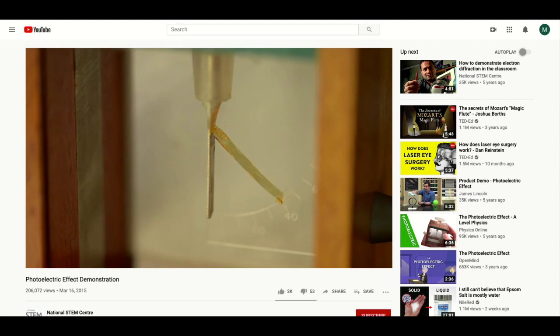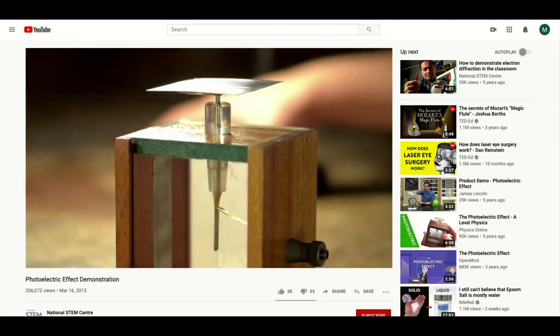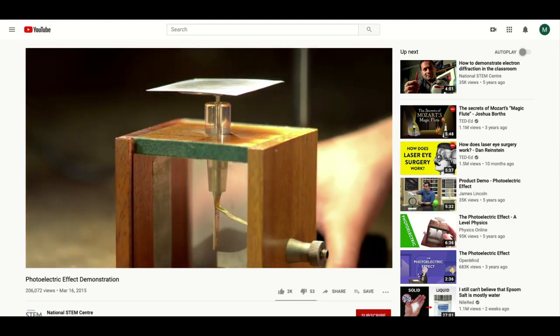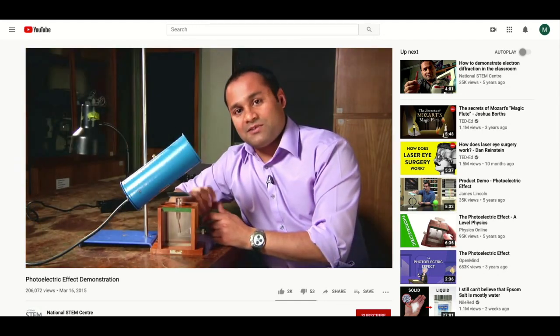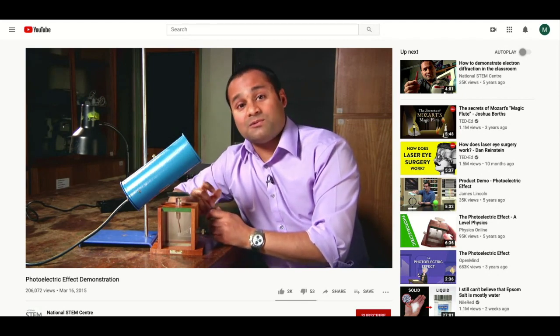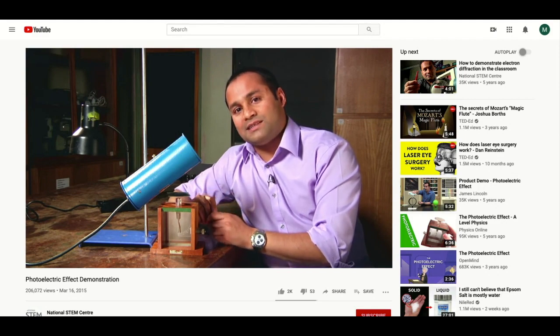A single photon of UV light can release a single electron from the plate. However, a single photon of visible light has less energy and so cannot release an electron. Now, this is a relatively simple demonstration to do, but it took the genius of Albert Einstein to explain what was going on, and it was for that work that he was awarded the 1921 Nobel Prize, not his work on relativity.